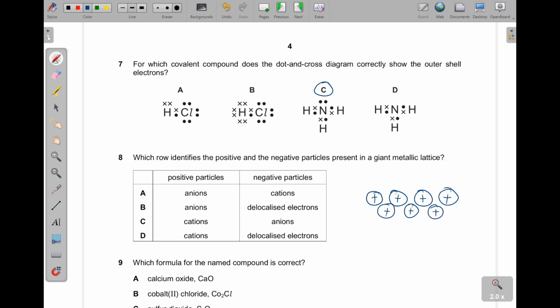There is a regular pattern for those positive metal ions. Then in a sea of delocalized, the electrons are delocalized, they are free to move. Okay, so positive particles, they must be cations, and then the negative particles, they are not anions, they are delocalized electrons. So that means our answer here is going to be a D.